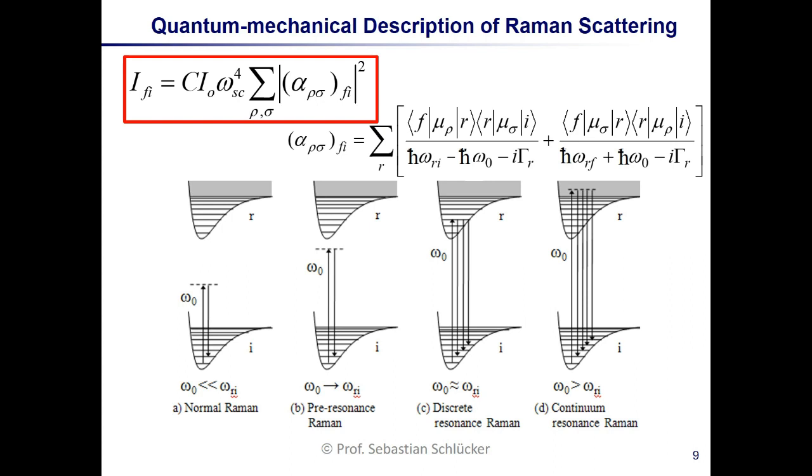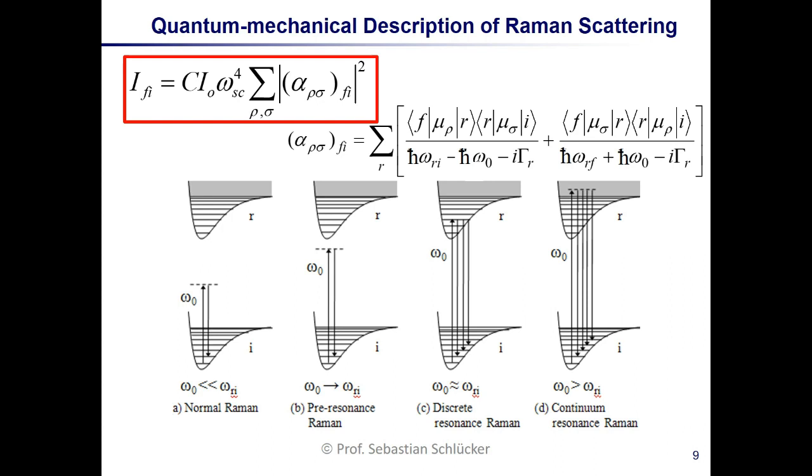And that becomes important, especially for pre-resonance and especially for resonance Raman scattering, where the incident energy, h bar omega 0, the energy of the light, and the energy of electronic transitions, h bar omega RI, so the difference between the ground electronic state I and an electronically excited state R, in this case intermediate state, are comparable or even equal.